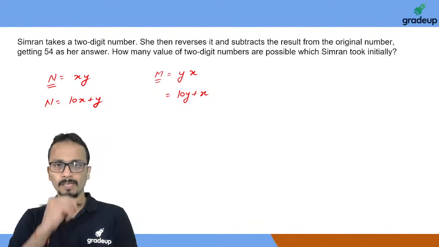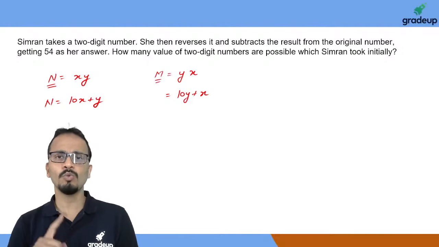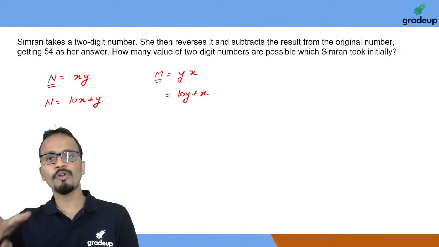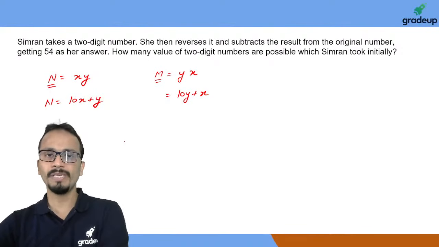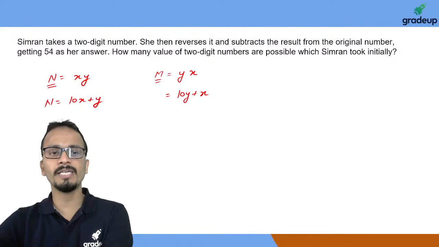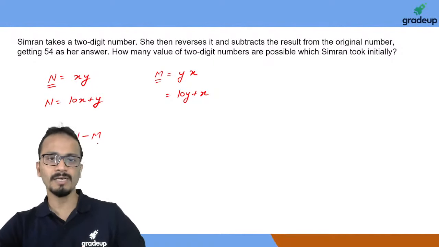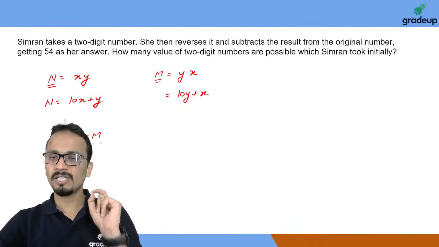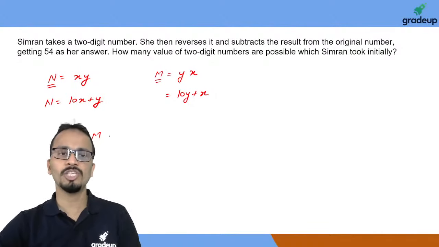Okay. Now after reversing it, what she is doing is she subtracts the result from the original number. So basically she will calculate n minus m. She's subtracting m from n. She's subtracting the resulting number from the original number.